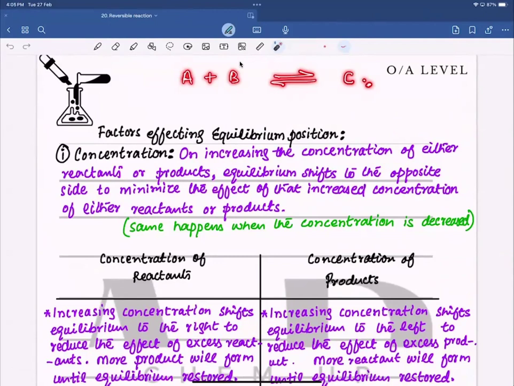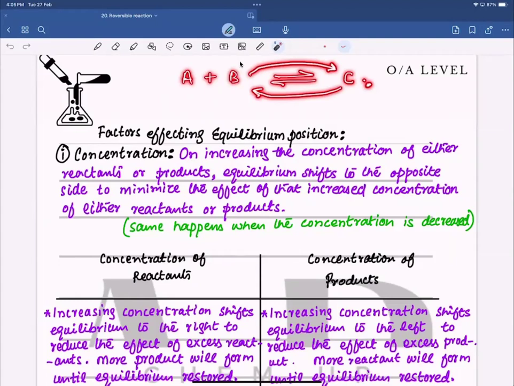It means that it is the point where the speed of the forward and backward reactions becomes equal. So when the speeds become equal, there will be no more product formed because the way the forward reaction is taking place, the backward reaction is also occurring with the same speed.